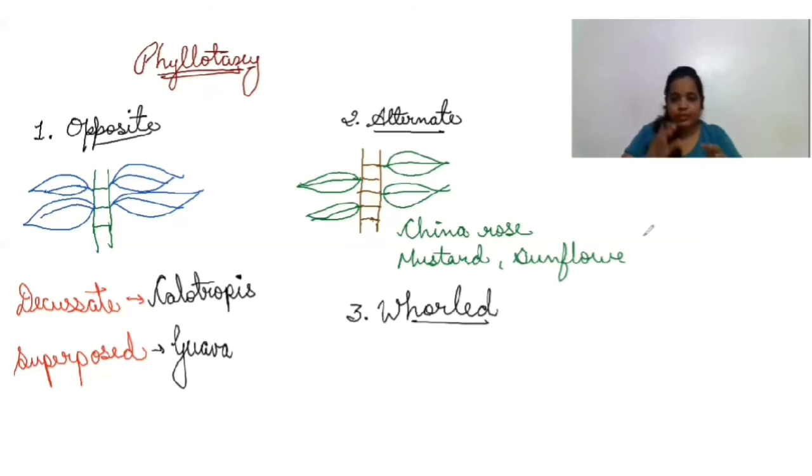If you read these examples regularly, they will be on your fingertips. If someone wakes you up at midnight and asks what are the examples of alternate phyllotaxy, you'll be able to name them: China rose, mustard, and sunflower. All three have beautiful flowers. Mustard and sunflower have yellow flowers, and China rose has a somewhat reddish flower.